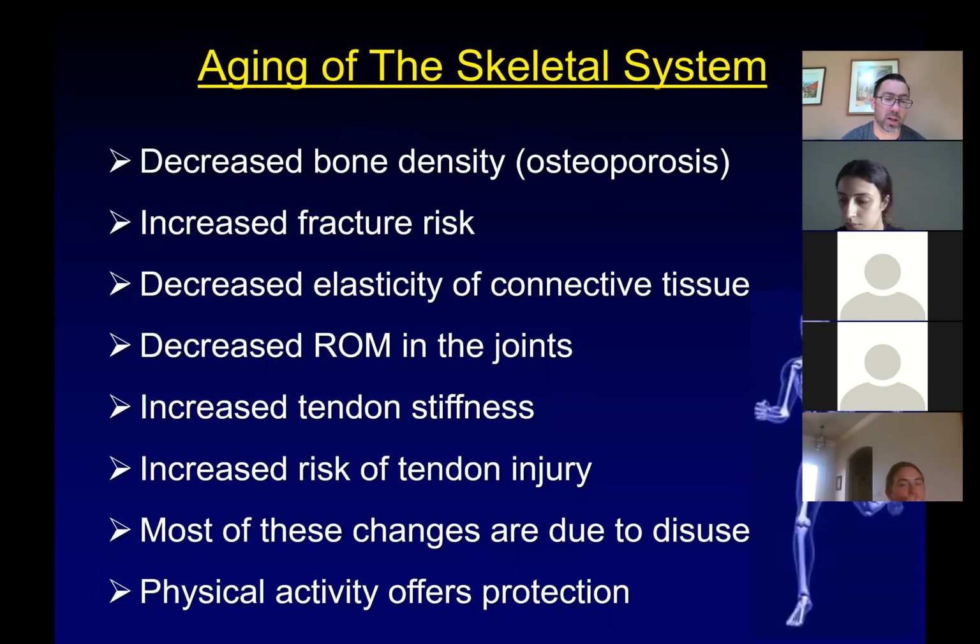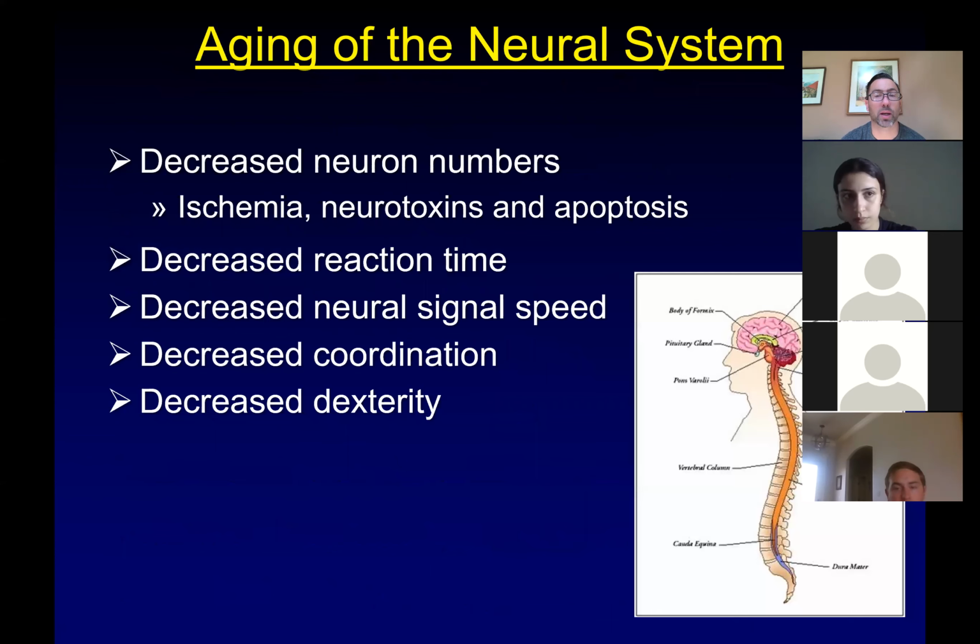Okay. Aging in the skeletal system, we're going to talk a lot about that tomorrow. The other thing that happens is you're going to get some neuron death, both in the brain and the spinal cord. And so because of all of that, essentially everything that is controlled in the neuromuscular system by your brain slows down, everything becomes worse.